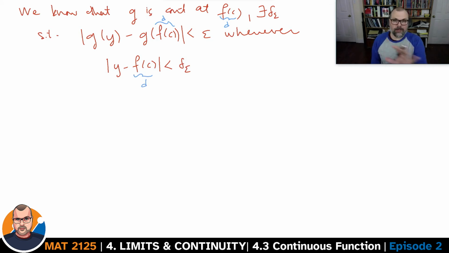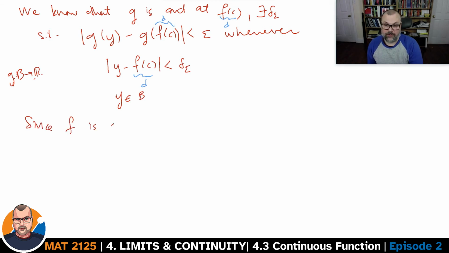So that's just applying the definition of continuity of the function g at any point in its domain, in particular f(c). Now this is true whenever, of course, y is in the domain of the function g. Remind you that g goes from B to R, so this is true for any y in B that satisfies this. Now we also know that f is continuous at c, that's part of the assumption.